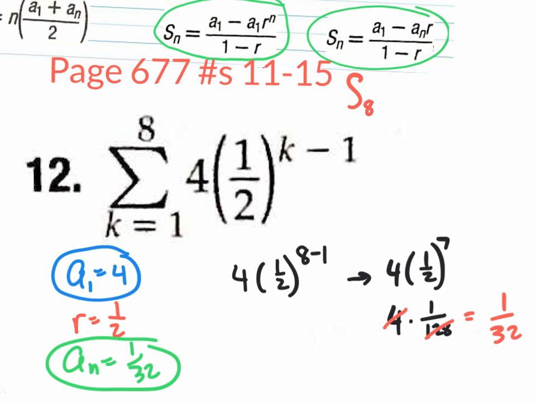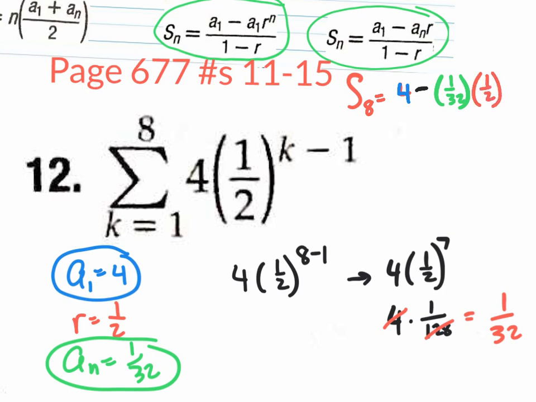S sub 8 equals, my a sub 1 term is my first number 4 minus, and actually let me do this with the correct color coordination here. 4 minus a sub n, and we said a sub n is the fraction 1 over 32, and then times the common ratio r, which is 1/2.